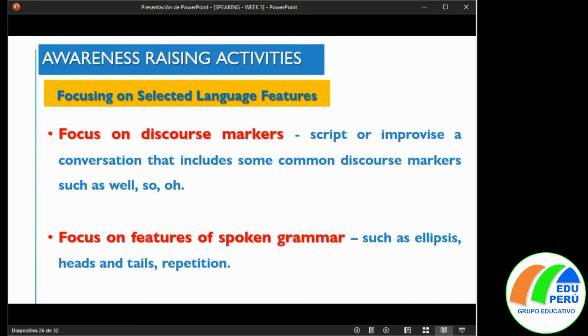And they could identify, oh yeah, teacher, notice here the grammar that we have when we write is not equal to the structure that we have when we speak. So they could notice that. Notice the difference between these two kinds of structures.